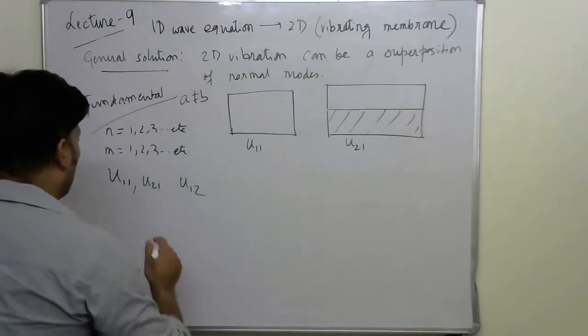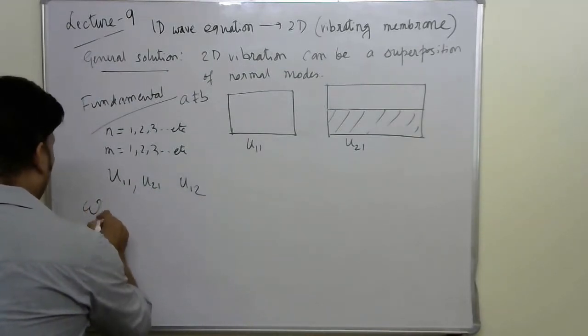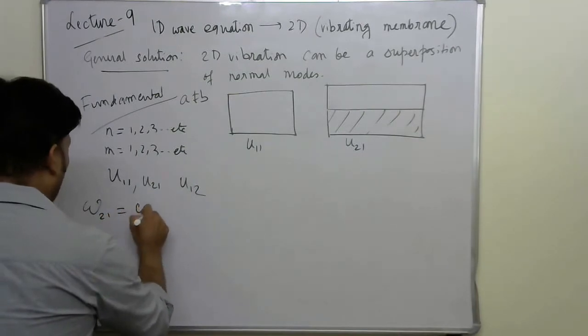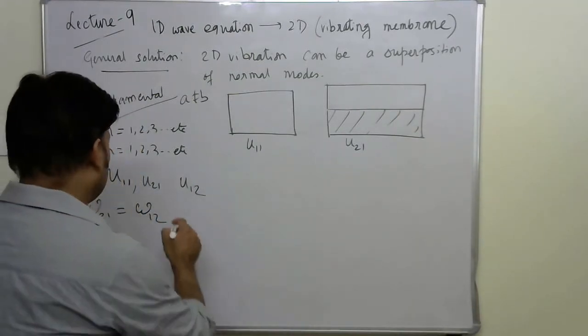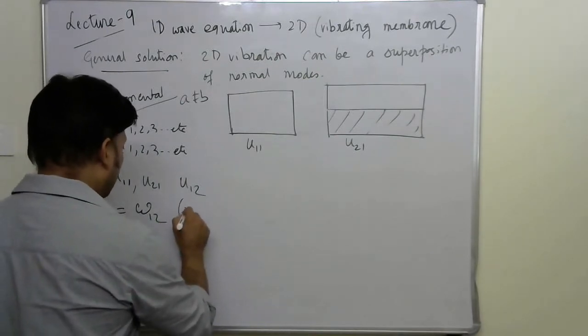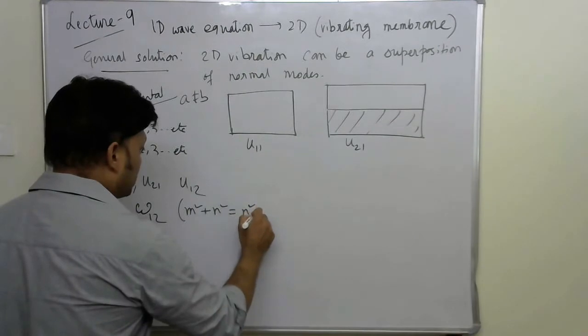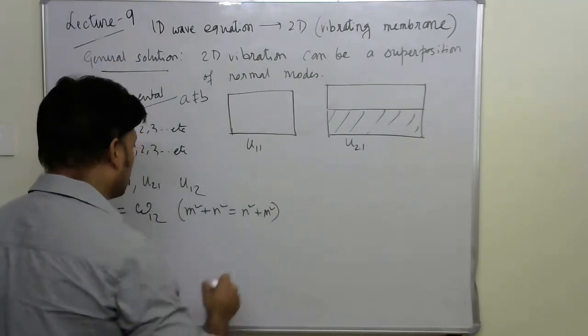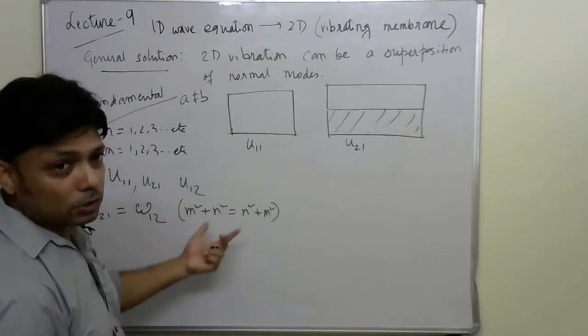Okay, so for U21 and U12, what should be the omega value? You can find out that omega 21 is equal to omega 12, since what's happening is that the summation of n square plus m square stays the same. Okay. So 2 square plus 1 square is equal to 1 square plus 2 square.